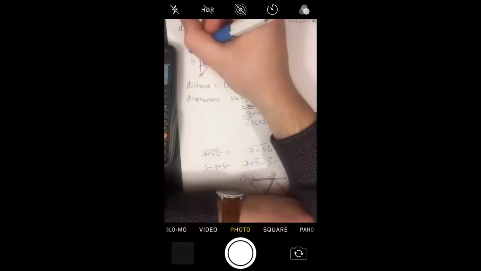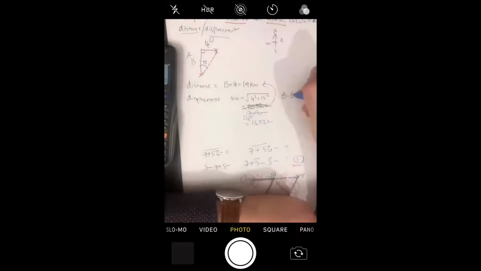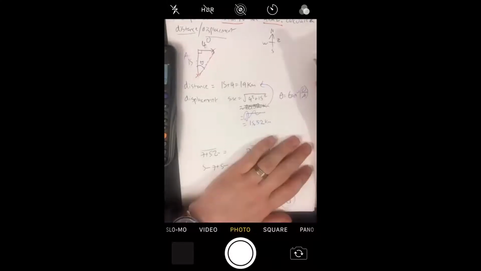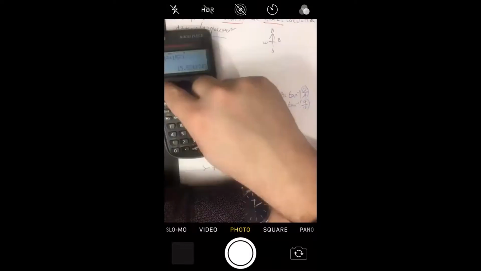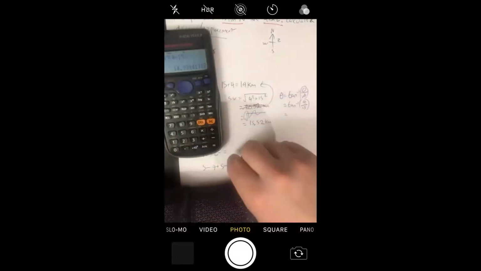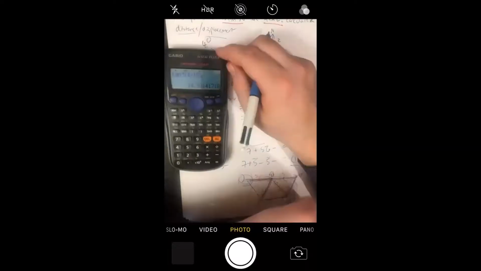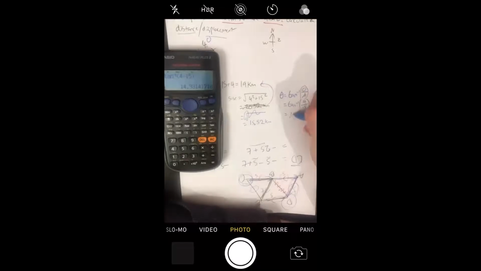If I call this one the opposite, the adjacent, to find this angle theta, I need to go inverse tan of opposite over adjacent, which is inverse tan of 4 over 15, which is going to be 14.9. Let's call that 15 degrees.